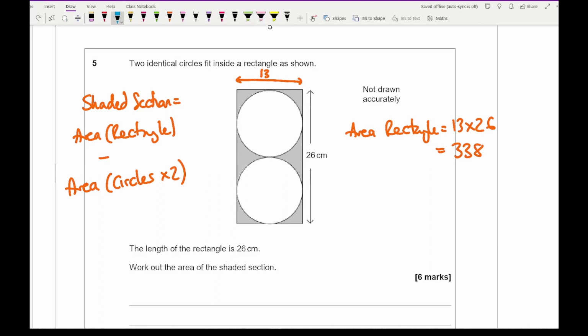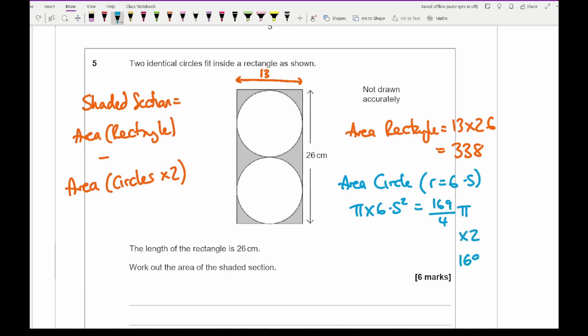Then the area of a circle with a radius of 6.5 is going to be pi times 6.5 squared. So 6.5 squared times pi gives me an answer of 169 divided by 4 pi. Now I need 2 of those, so if I multiply that by 2, I get 169 divided by 2 pi.